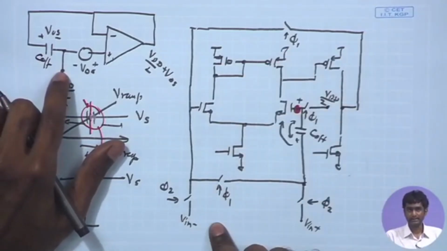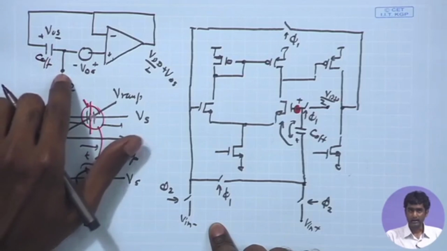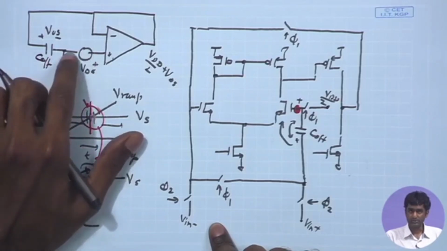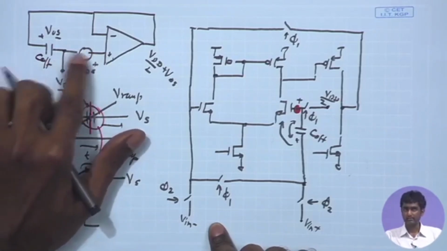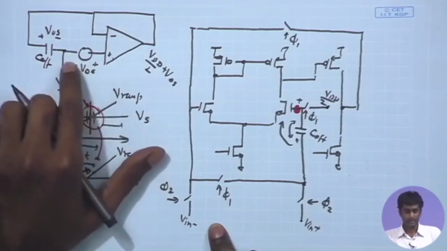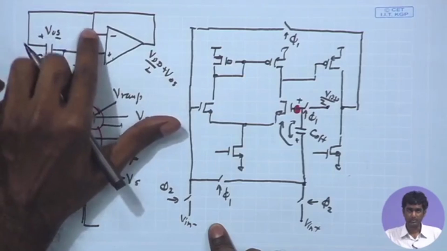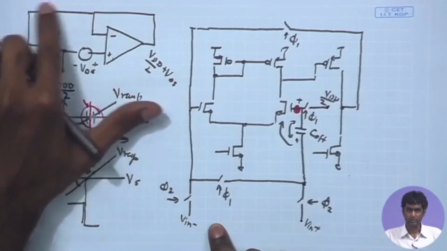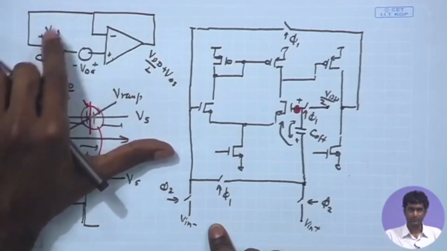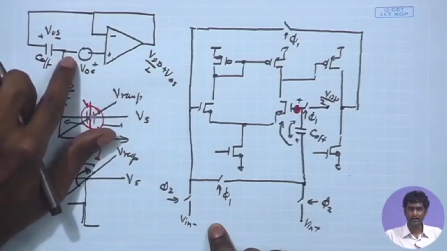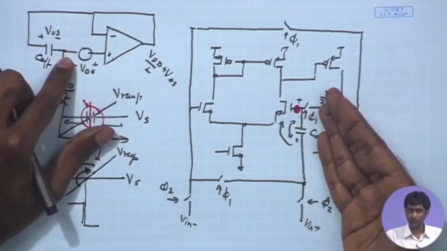On top of this DC, this V offset is effectively applied at the positive terminal, and the output voltage is fed back to the negative terminal, and also you have a C offset connected to the output, which appears between the output and VDD by 2, which is an AC ground.